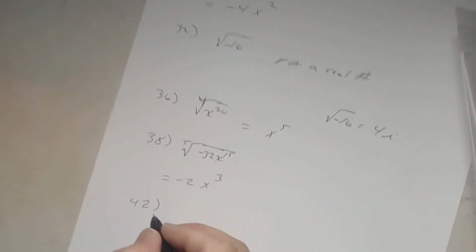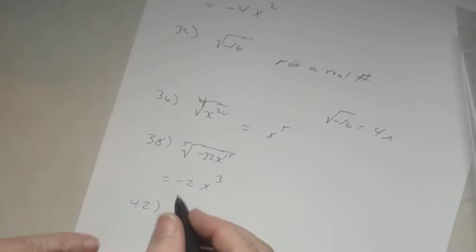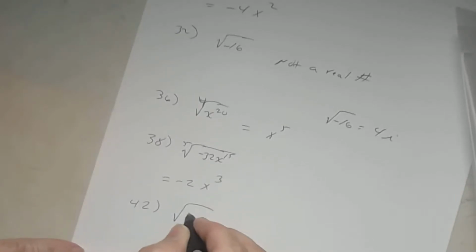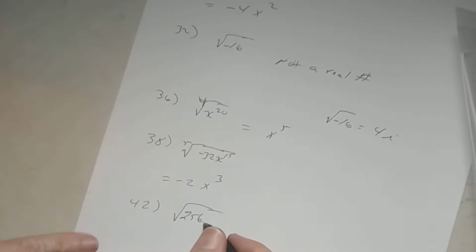All right, number 42. You have the square root. Some of you may struggle with this one, with the coefficient part. The variable part you should be able to do. What's the square root of x to the 8th? X to the 4th. Now, what's the square root of 256? What times itself is 256? 16. 16 times 16 is 256.